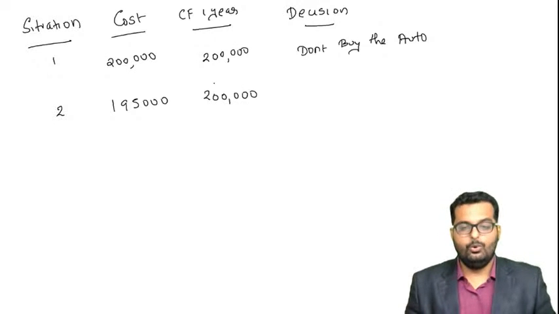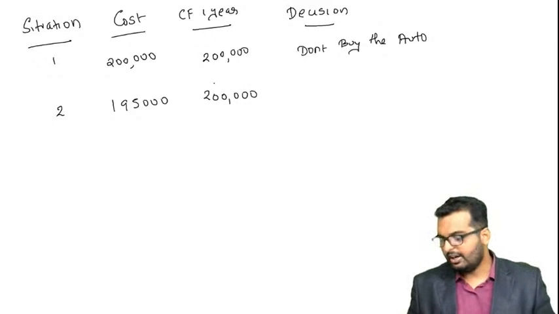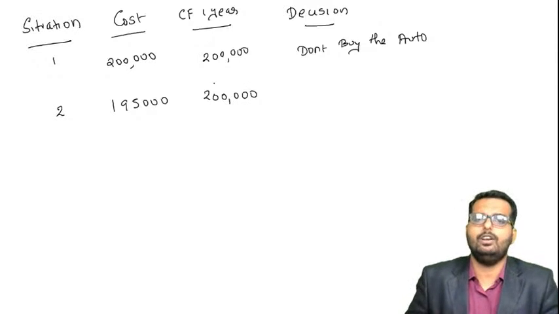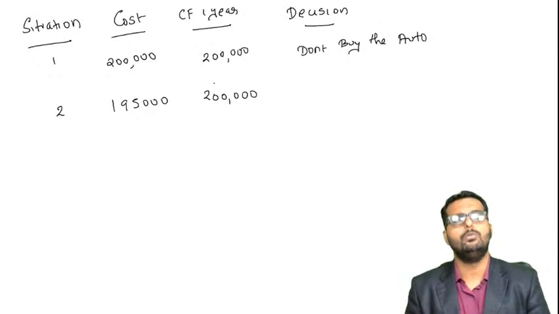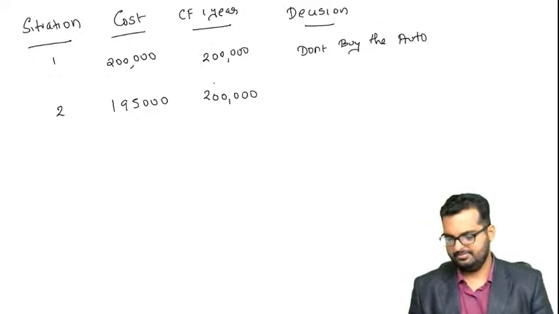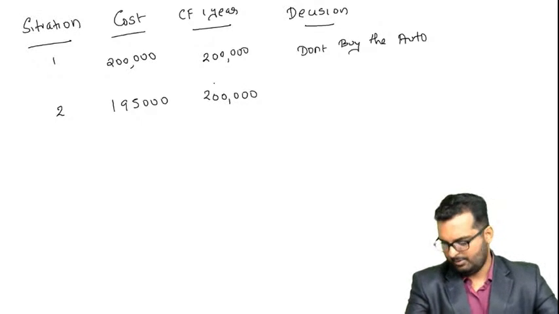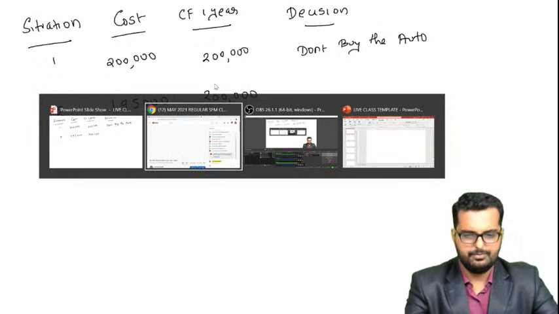Sharanya says no, even if I am selling the auto at 1,95,000. Sharanya, now he is making a profit. Why are you saying no even now? Come on, others, please put it in the chat box.